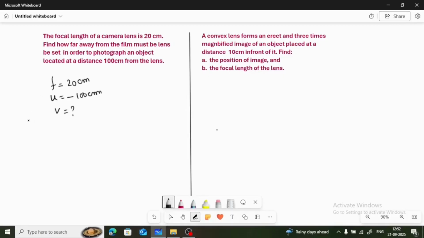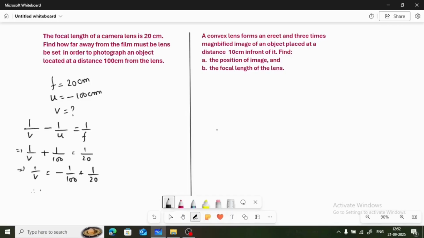Now put the value of u and f in the lens formula. So 1 by v minus 1 by u equal to 1 by f. So now put the values: 1 by v equal to minus 1 by 100 plus 1 by 20.